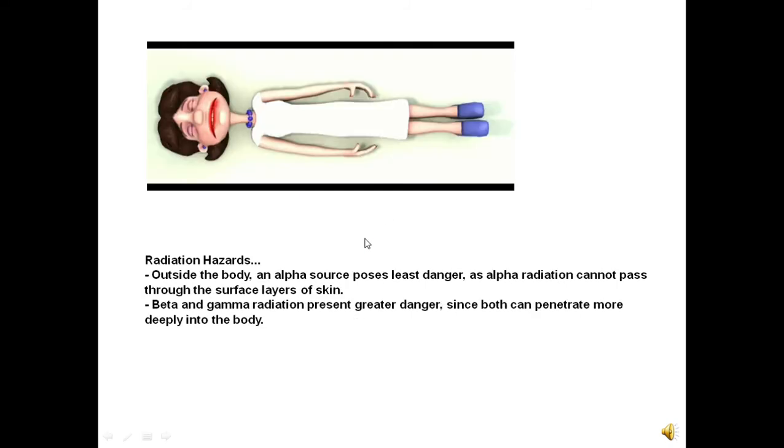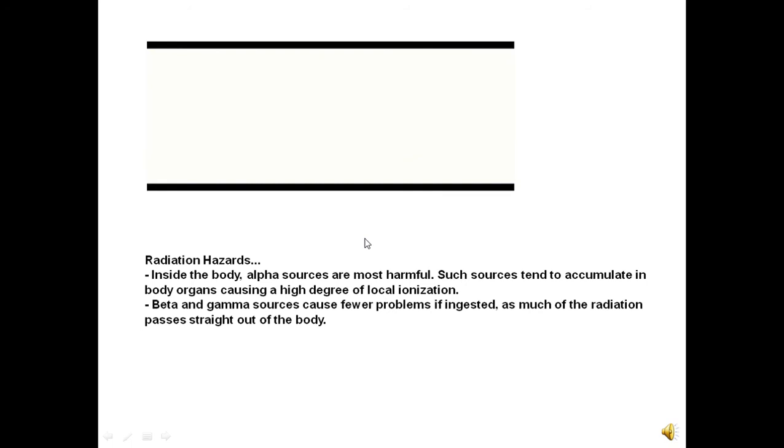So the effects of these then, well, alpha is a large, massive particle, that is to say, it has a large mass, and it has double positive charge, all of which means that it is more likely to have collisions, and the collisions it has will result in more damage.